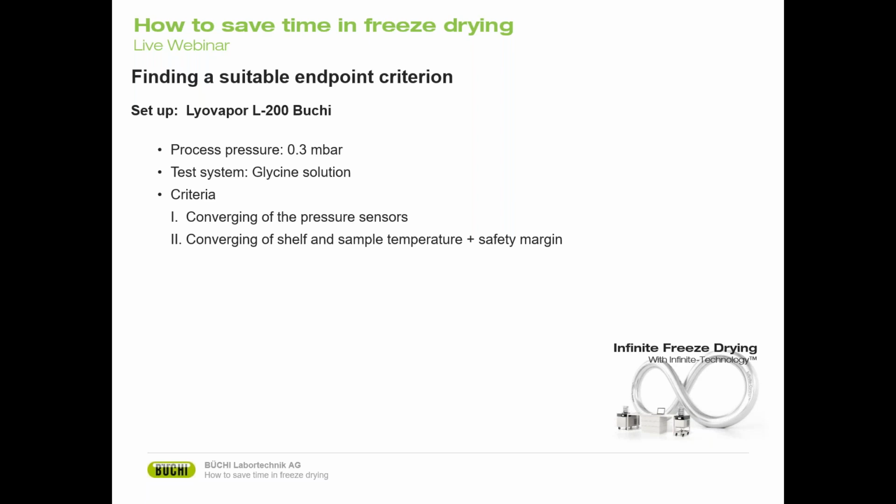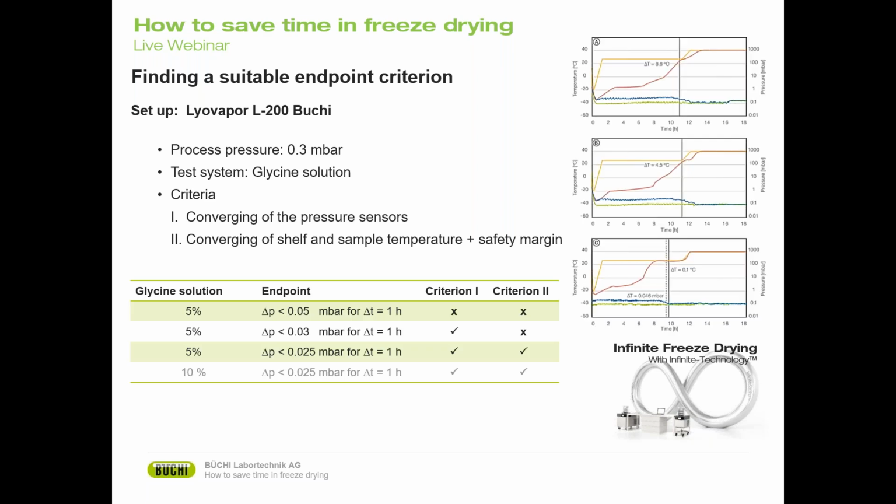One is quite obvious: I wanted the pressure sensors to converge before the switch to secondary freeze drying happens. But since I have a simple liquid system where the temperature measurement should work, I also want the shelf and the sample temperature to converge before that happens. And I'd also like a safety margin between criterion 2 and 1.